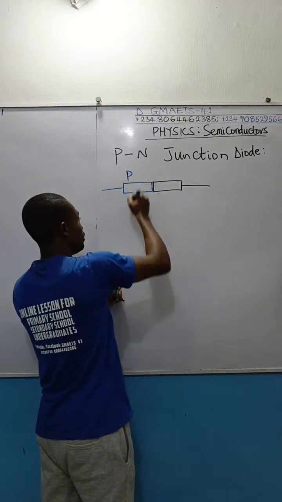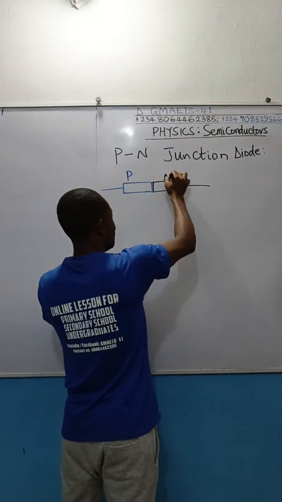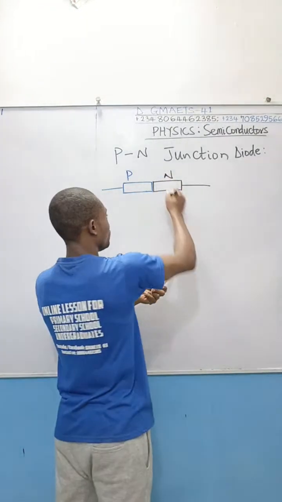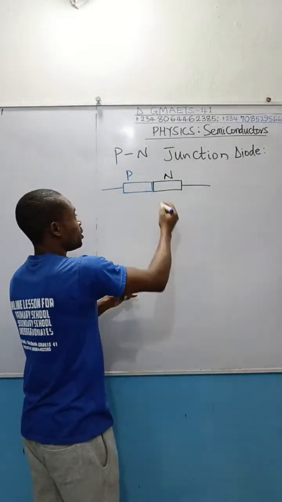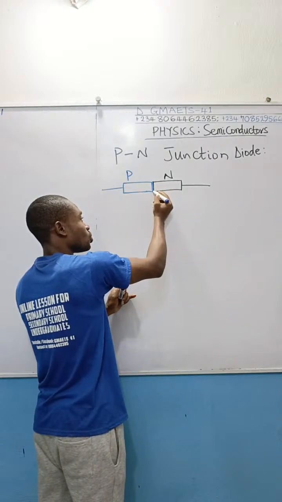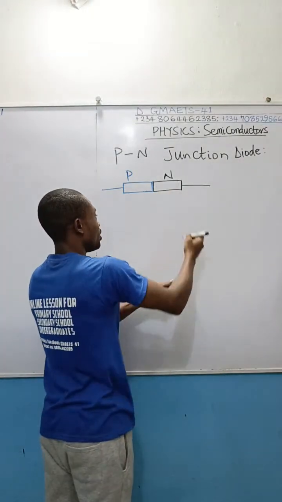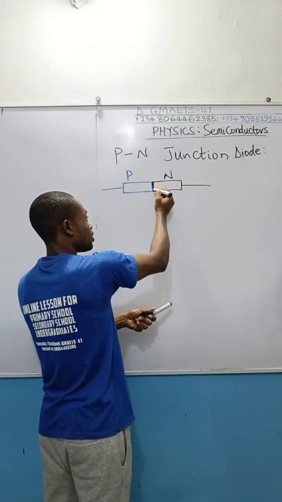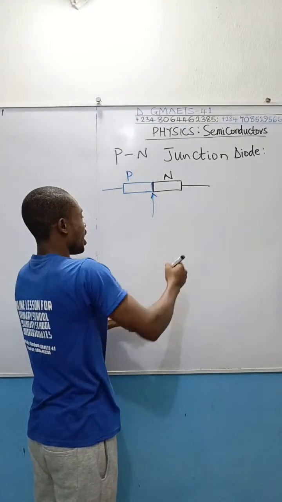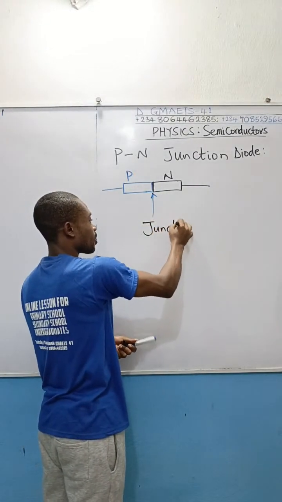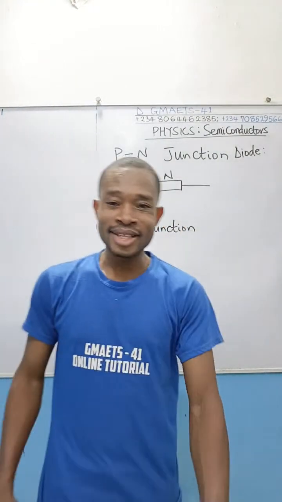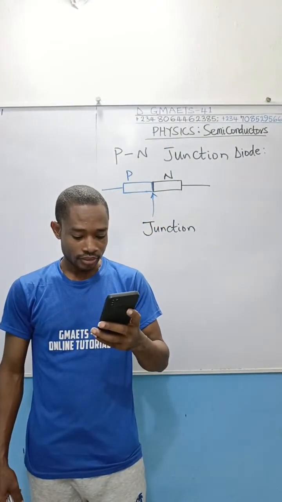So this is P, this is N. Now you notice that here there is a thin connection between them, right? And that is the junction where the P-type semiconductor and the N-type semiconductor meet.